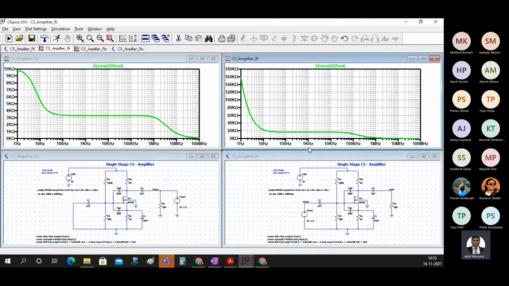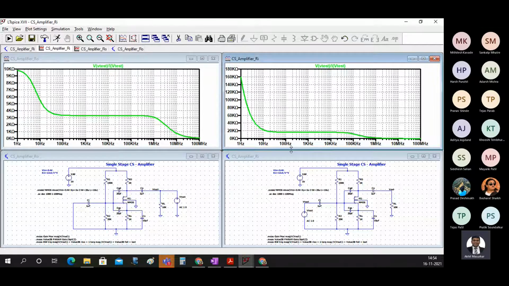Whatever you calculate, you should be able to verify using the simulator, and once these calculations are verified, then with the help of the simulation result and your calculations, you can start physically building a circuit.